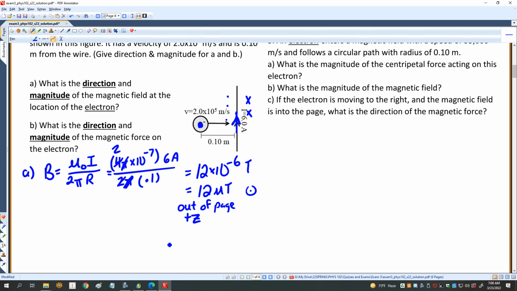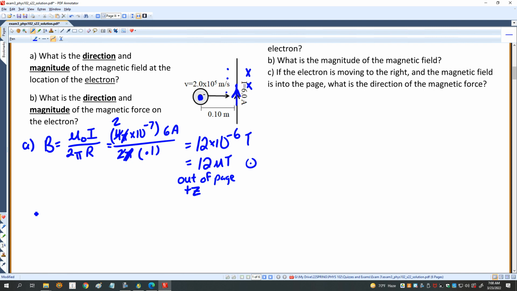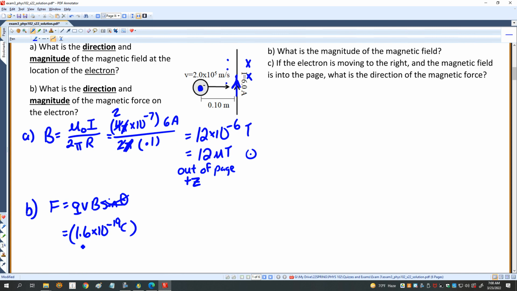Now, what is the direction and magnitude of the magnetic force on the electron? So this is F equals QVB sine theta. I can leave off that theta because they're orthogonal. This is an electron, so it's 1.6 times 10 to the minus 19 coulombs. The velocity was given, 2 times 10 to the fifth meters per second. And the magnetic field I've now found is 12 times 10 to the minus 6 Tesla.